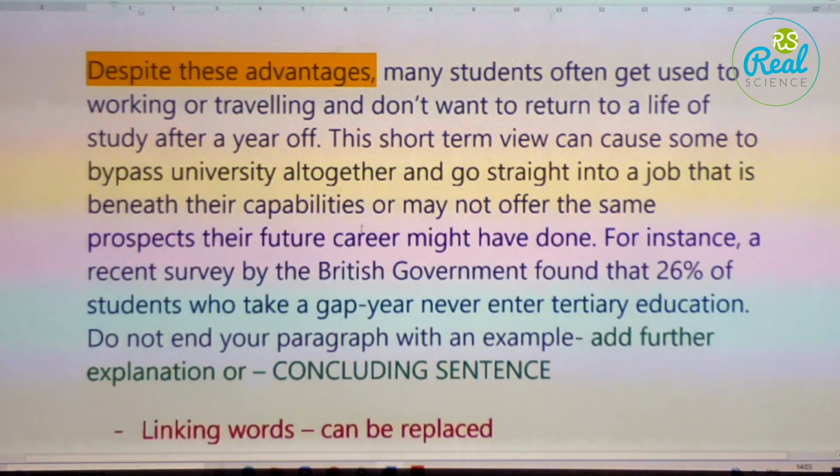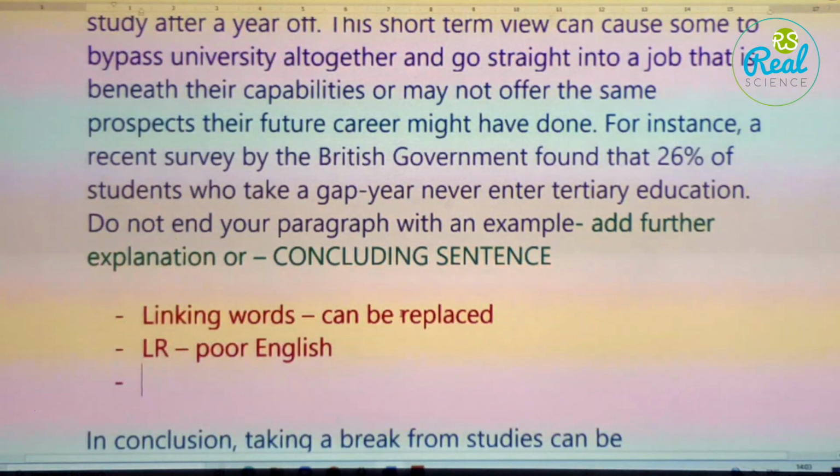Again, the student has only one argument. When there's a possibility for you to show how well you know English and how well you know the topic, please do use that opportunity because the topic is quite easy. You can easily give the arguments and examples, so show off.